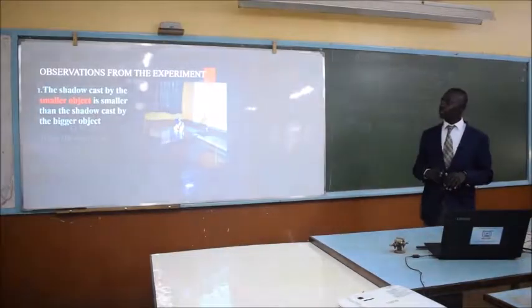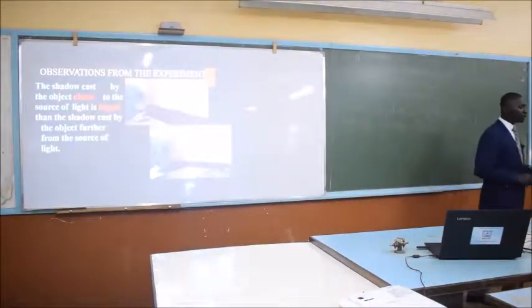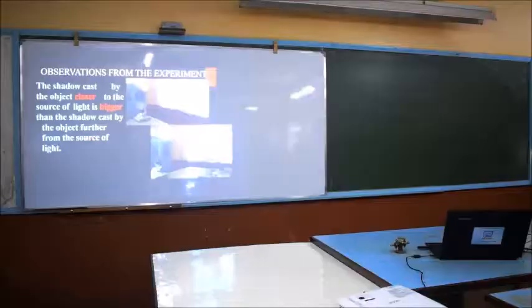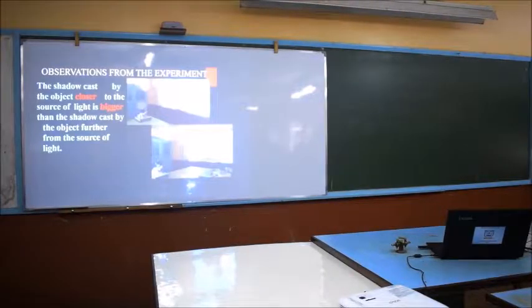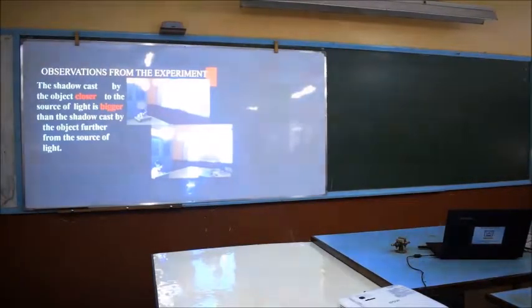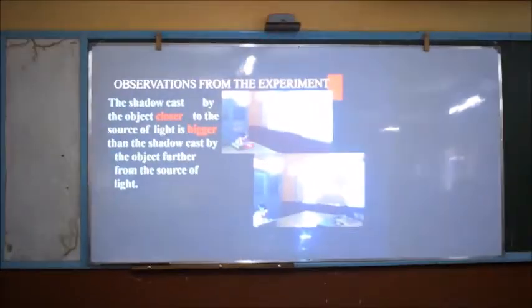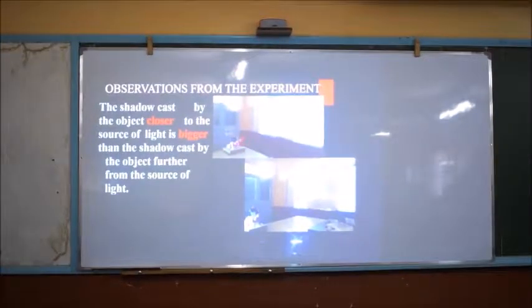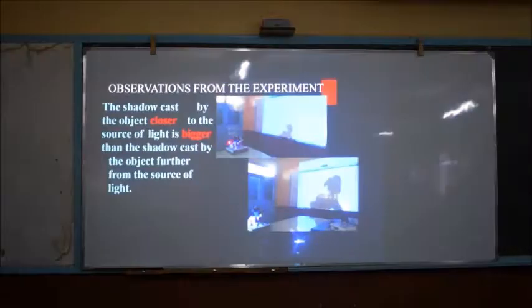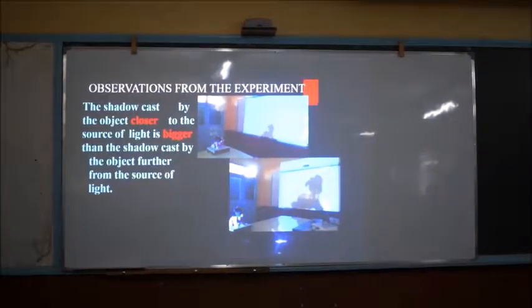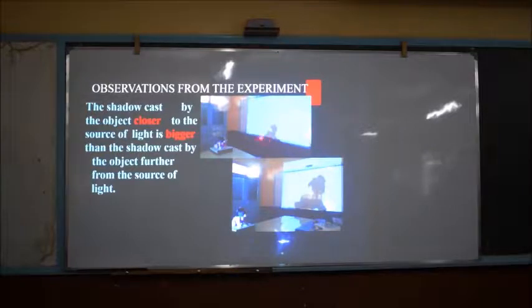The second observation we noted was to do with the distance of the opaque object from the source of light. We can clearly see that when the opaque object is very far away from the source of light, the shadow cast is much smaller than when the opaque object is much closer to the source of light.